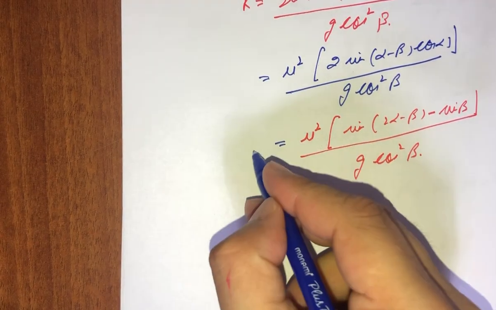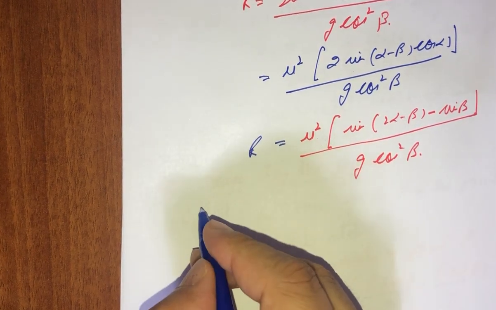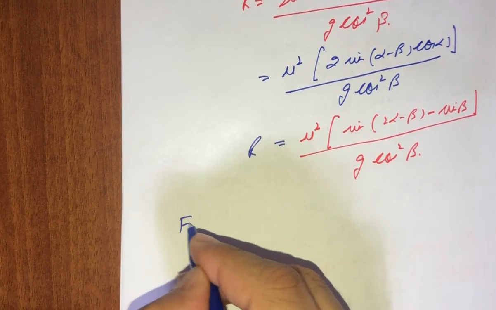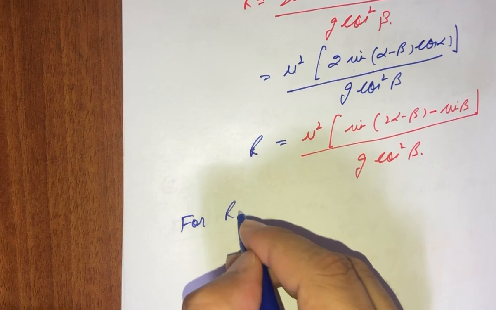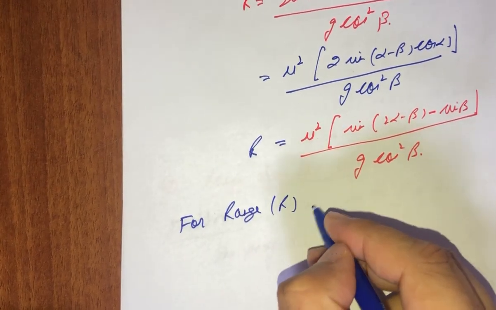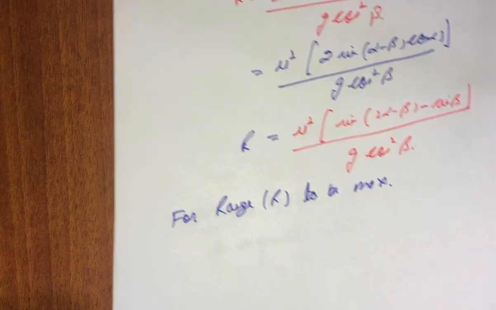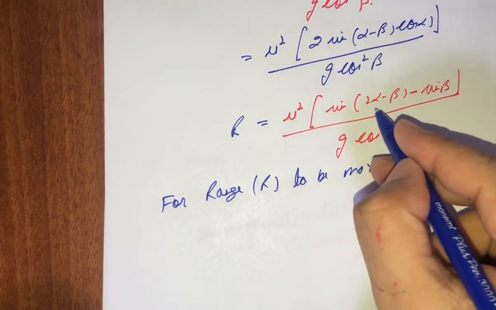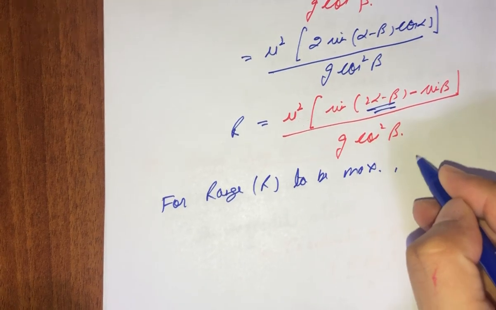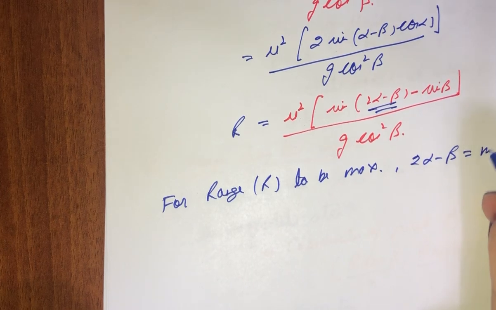So this R is dependent upon these factors. You can say that for range R to be maximum, this angle 2 alpha minus beta should be maximum.